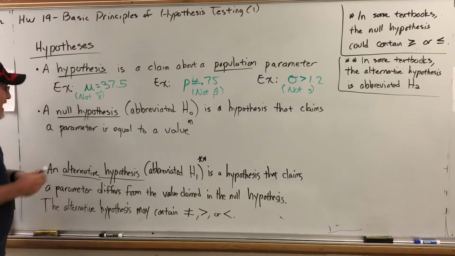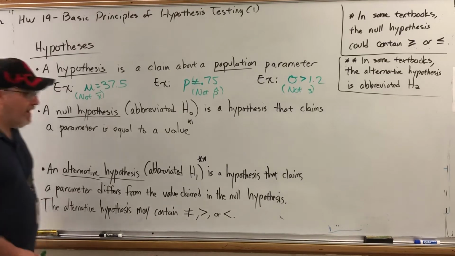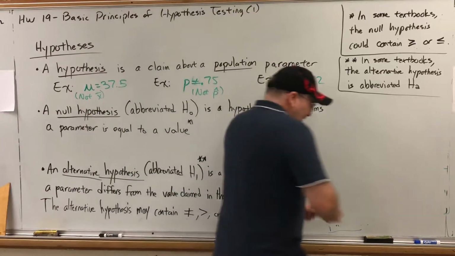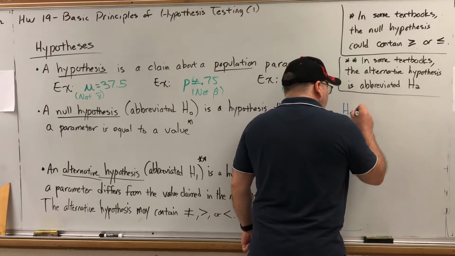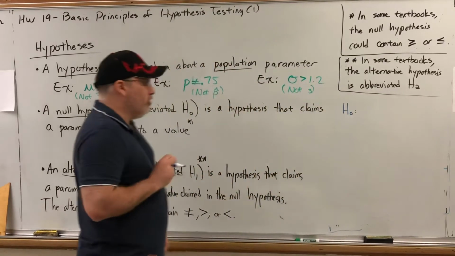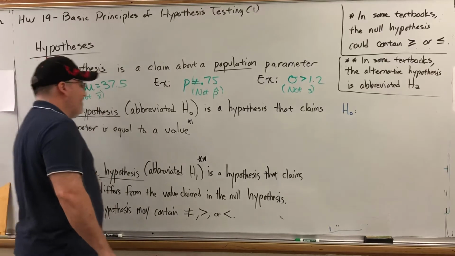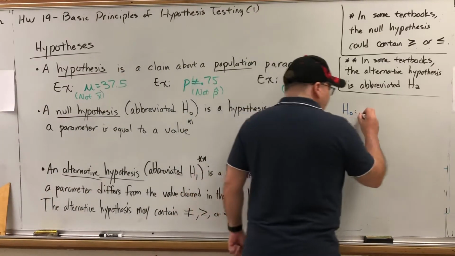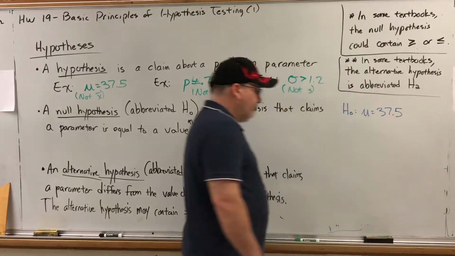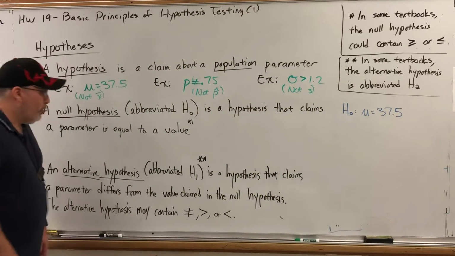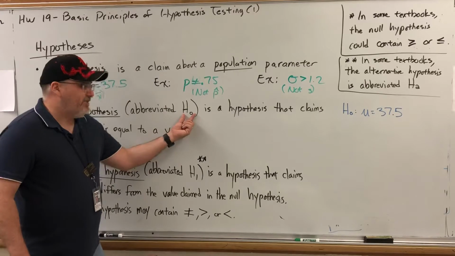To write a null hypothesis in the context of hypothesis testing, you would write the abbreviation for it, followed by a colon, and then your claim. So in this case, we're claiming that mu is equal to 37.5. It's important to point out that H0 is not a variable.